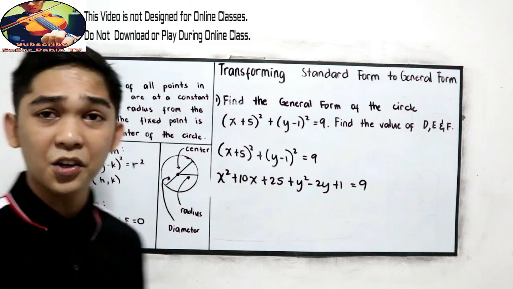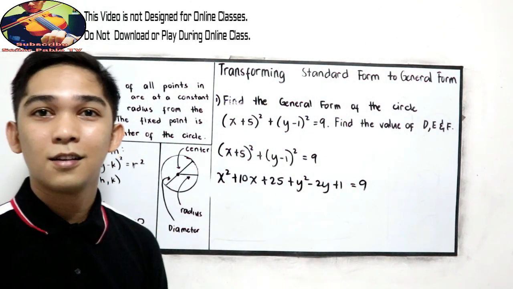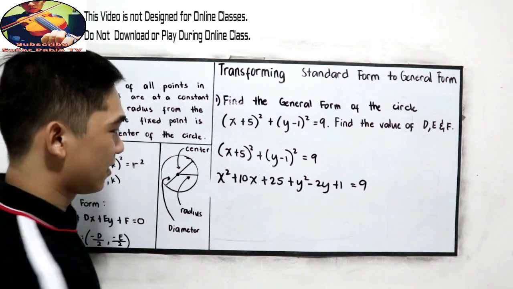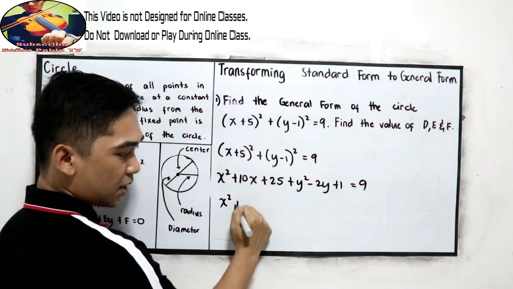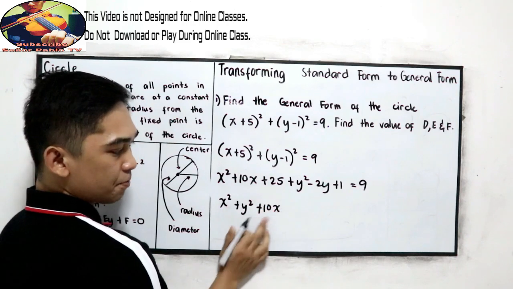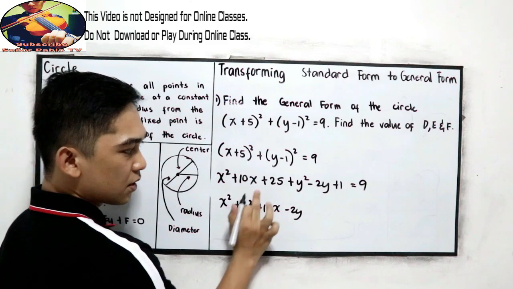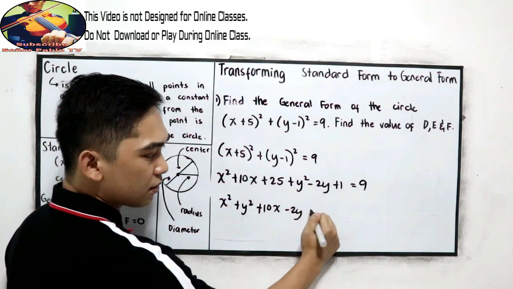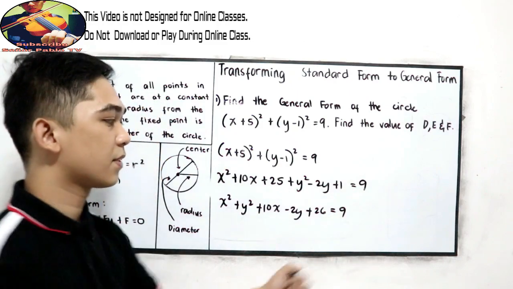While combining like terms, you can now rearrange our equation. So, x squared plus y squared plus 10x minus 2y. So 25 plus 1, that is positive 26, is equal to 9.